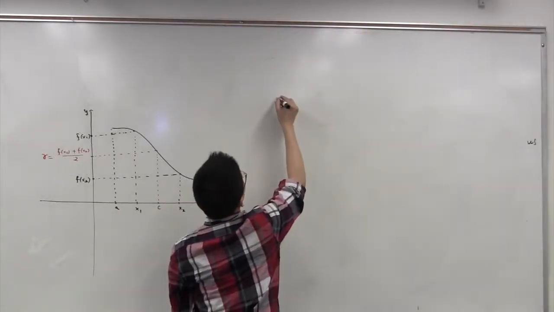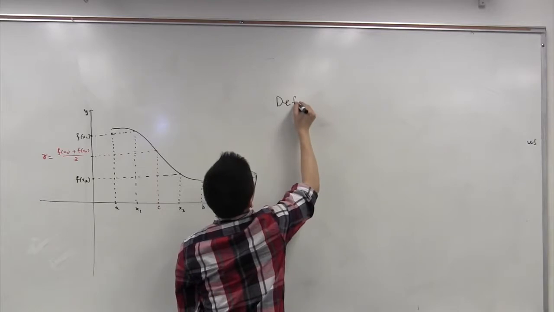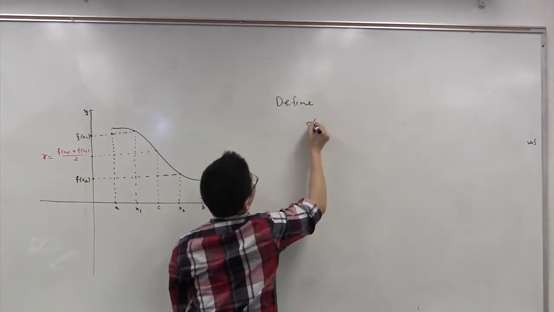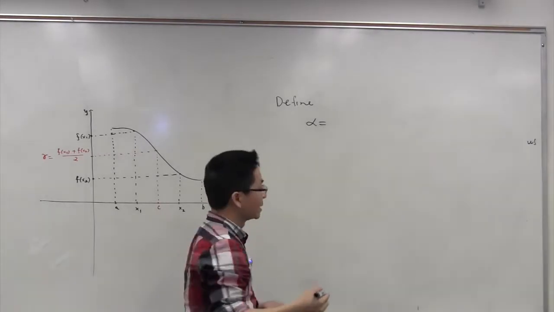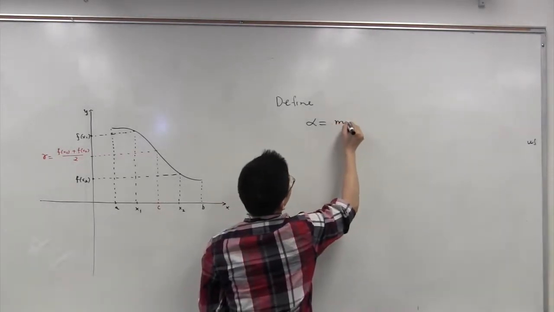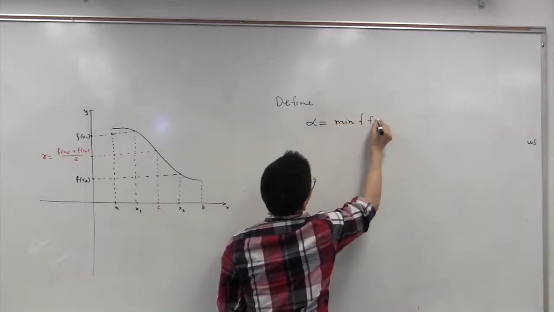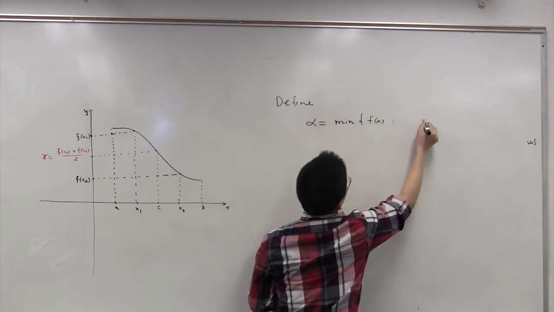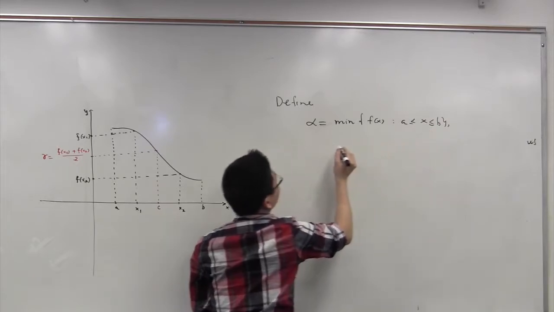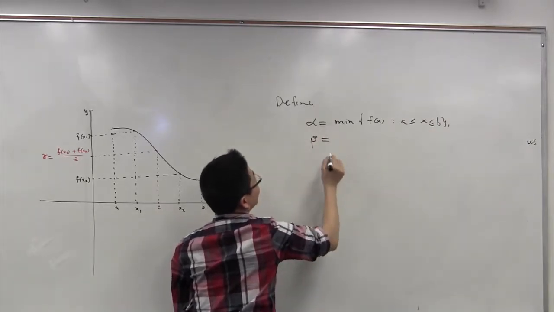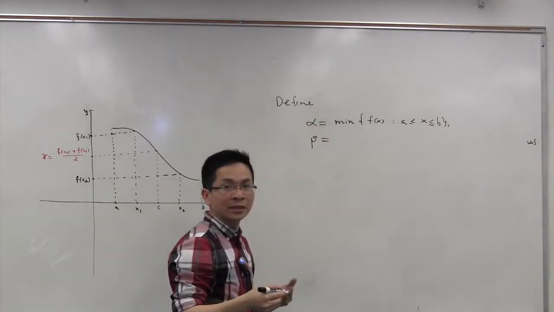Define the following numbers. Alpha is the smallest function value in the interval AB, and beta is the largest function value in this interval.